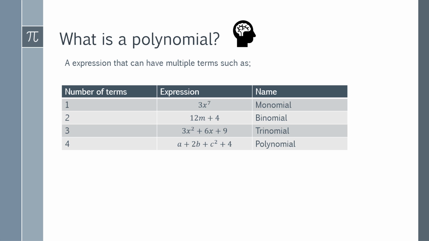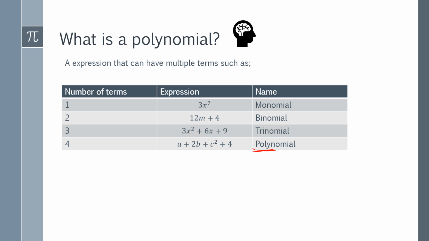Three terms is a trinomial. And three or more terms, let me say that, is a polynomial. Polynomial means many terms. It could be 5 terms, 6 terms, 7 terms, 8 terms, 9 terms. Anything more than 3 is considered a polynomial.